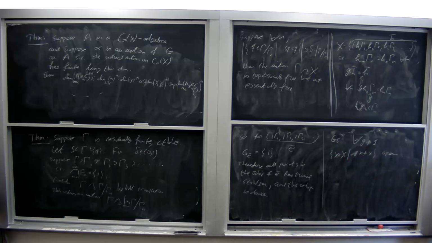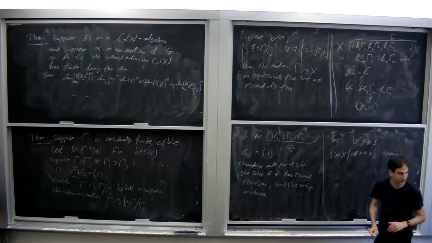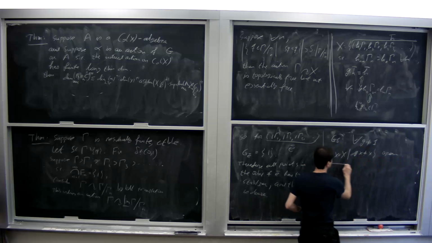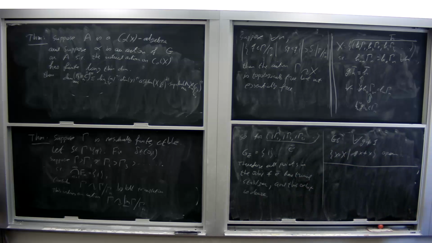The set of points with trivial stabilizer is simply the intersection of those, so that's G delta. That's true for any dynamical system, any group action. So this shows it's topologically free.